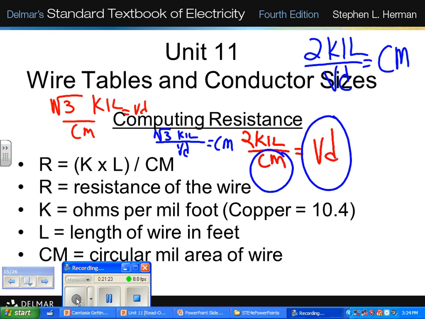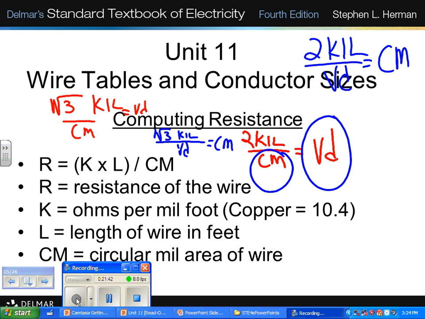Now, what this 2, 3, and 5 mean is that you can assume that you've lost 2% going from the main service to any sub panel. If you're going to a sub panel, you may assume that you've already lost 2%.